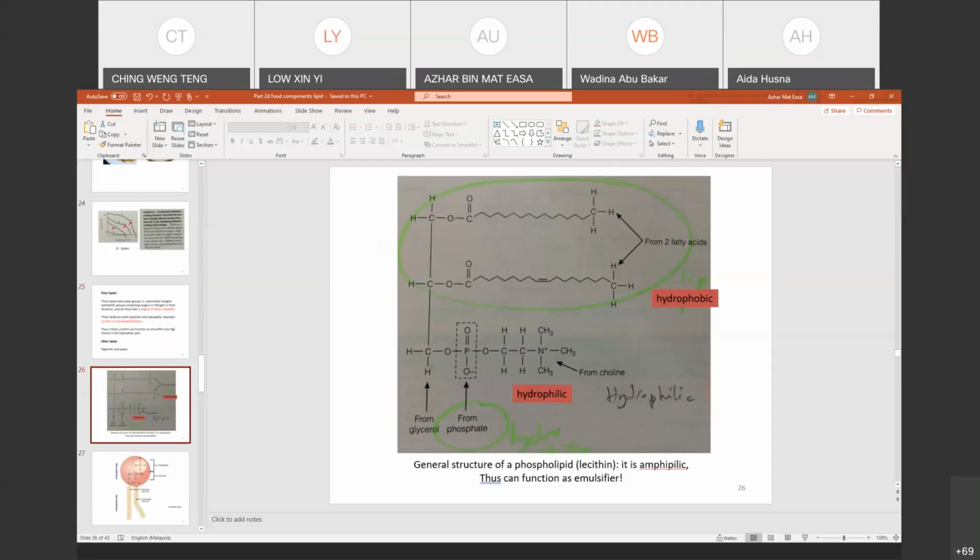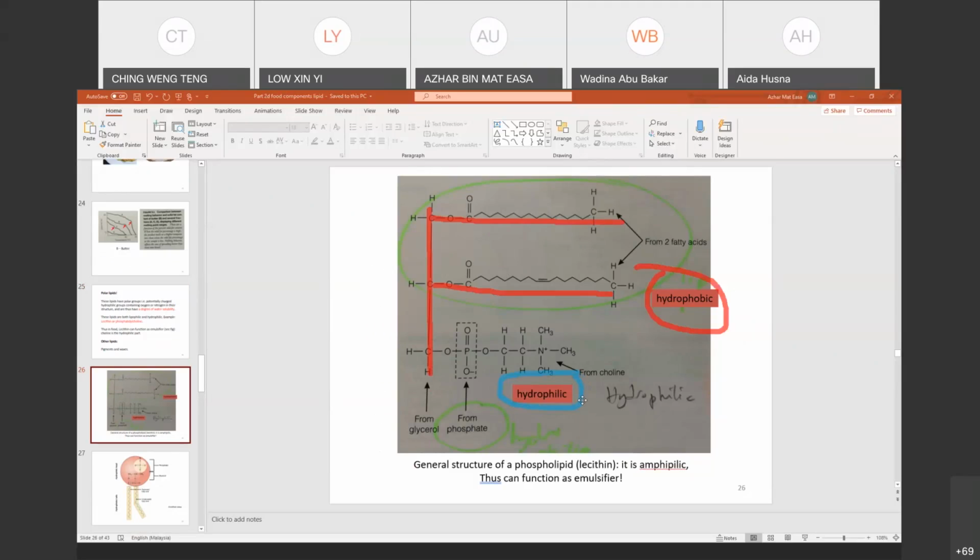Glycerol, again, becoming the connecting structure. This is the glycerol. It has two fatty acids. Okay, so this fatty acid will be the hydrophobic parts of it, and we have the choline side, the phosphate side here. This is the hydrophilic, the charged, the polar side.